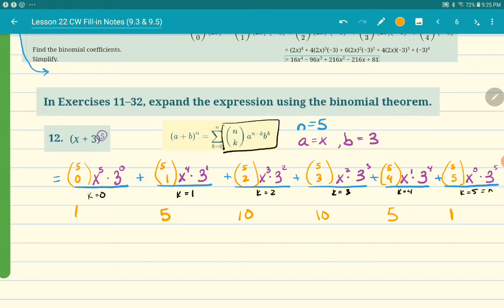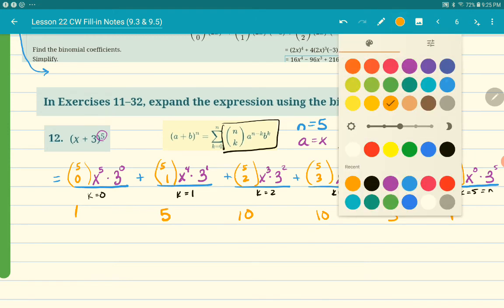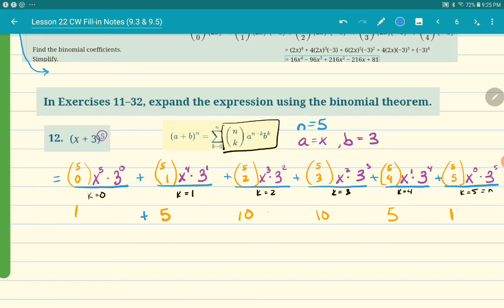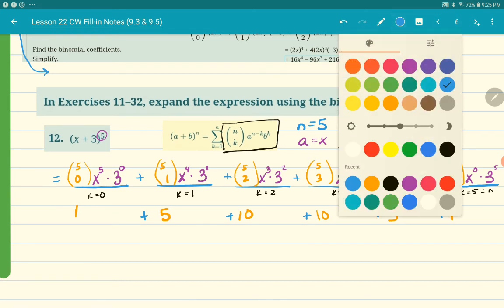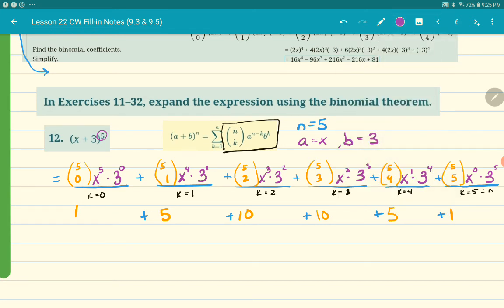Okay, so now we've got our coefficients. And now I want to simplify our x times 3's. So I have x to the 5th times 3 to the 0, which is just 1. And then I have x to the 4th times 3 to the 1, which is x to the 4th times 3.